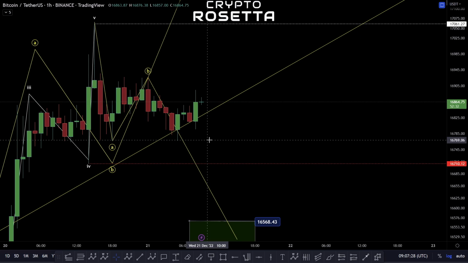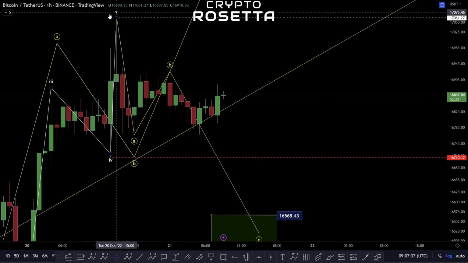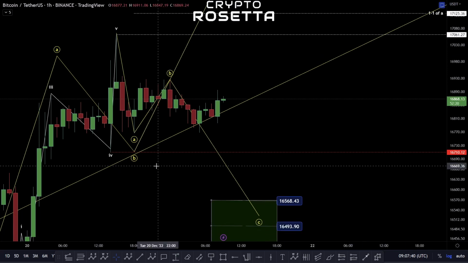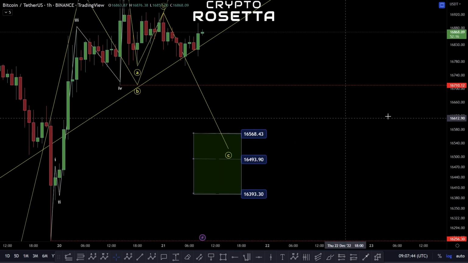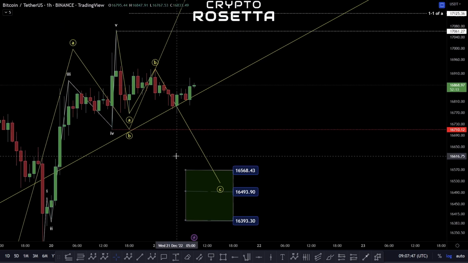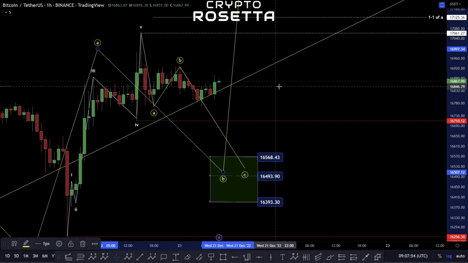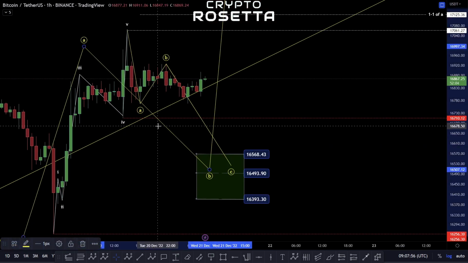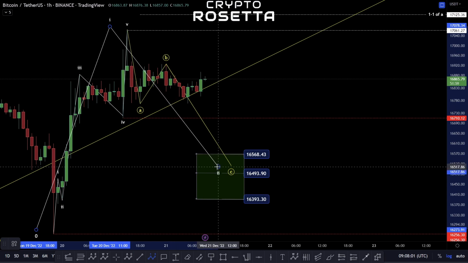Okay, so I hope that this video helps and you find it useful. Basically, we've got a few options here, and it all depends on whether we hold this low here and whether we break this high point here. If we do break down below this red line, basically the target area would be this green box, my next target area for this, and that would be looking at the potential that we have, like we said, an A, a B, and a C to the upside, or we could potentially have a bigger 5-wave move in this sense.